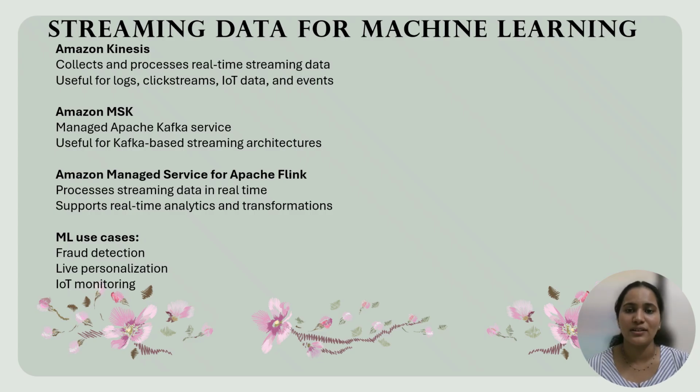These streaming services enable important machine learning use cases such as fraud detection, where suspicious transactions must be identified immediately, live personalization, where recommendations are updated in real time, and IoT monitoring, where sensor data is continuously analyzed to detect issues or predict failures. Together, these AWS services make it possible to build intelligent applications that respond instantly to incoming data.